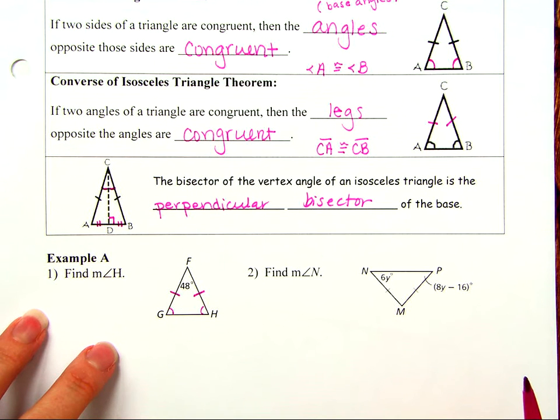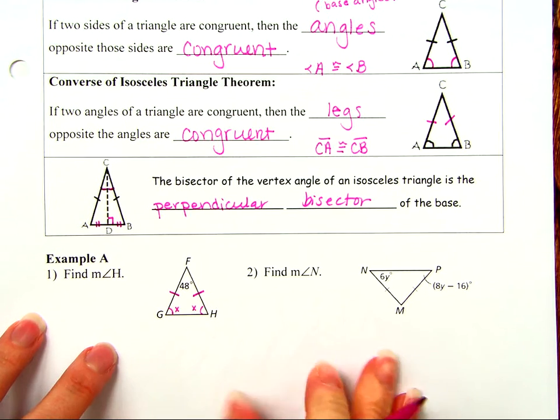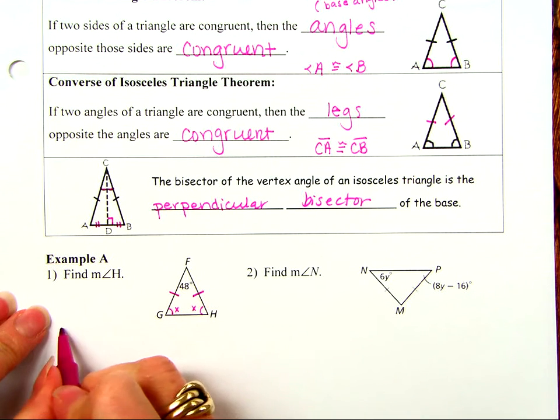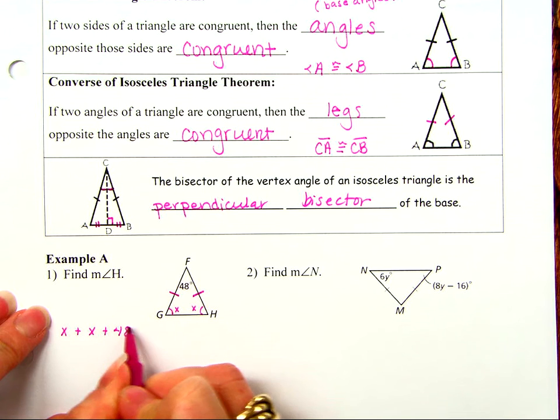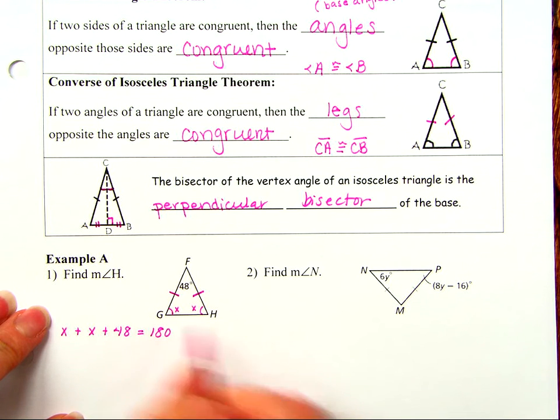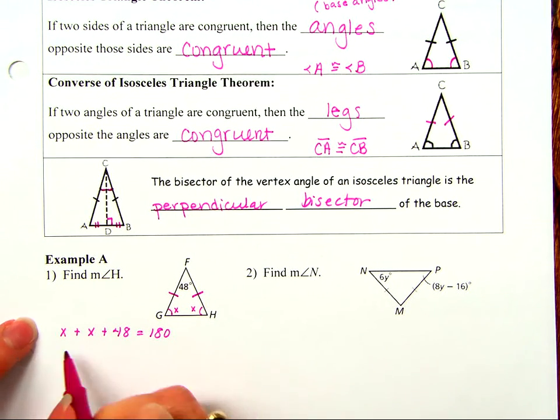Now they're asking me to find angle H, and I certainly could just subtract from 180 and divide by 2. I could also think about setting that up algebraically by knowing that my congruent angles plus my vertex angle would have to add to 180 degrees. So that's another way that we could look at this.